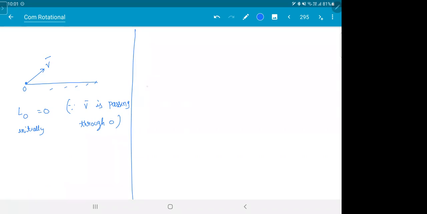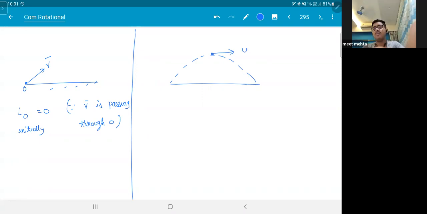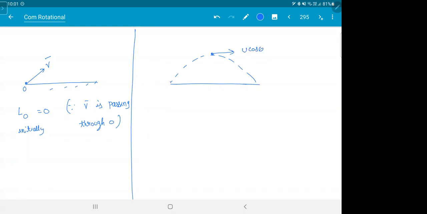What about H max? What is the speed at the H max? U cos theta. So you should remember all this stuff. So extend the velocity vector, drop the perpendicular. What is the perpendicular distance? H max, na?